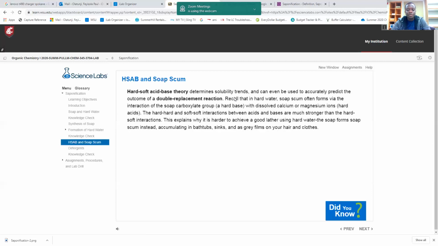Okay, so soap can interact with the calcium and the magnesium in your water to form scum, and that's because the soap, which consists of a carboxylate that's a hard base, interacts with the hard acids of your cations in the water.